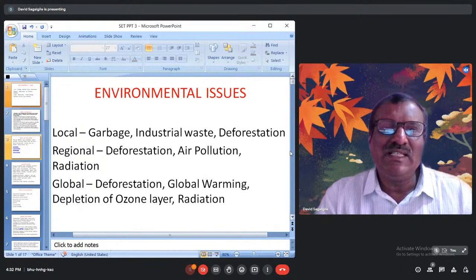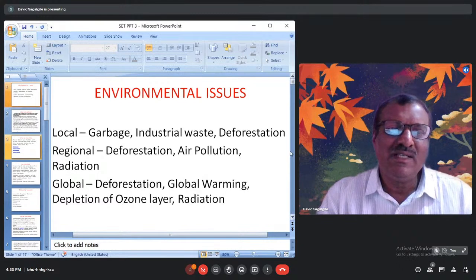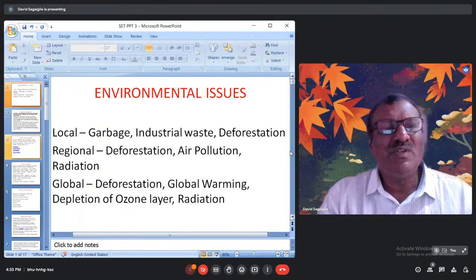We see that the glaciers are melting, the earth is getting hotter and hotter day by day, and that is the main reason so many different islands and coastal regions all around the world are disappearing, or getting underwater. Then we have seen the depletion of the ozone layer, how the ozone layer is getting depleted, and how a hole is created in the ozone layer, which is affecting the entire world.